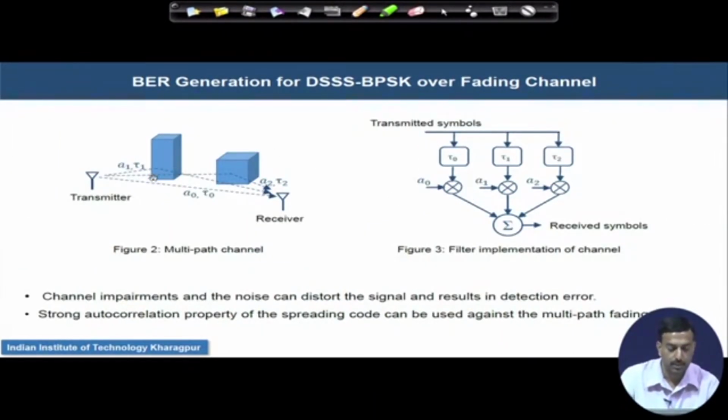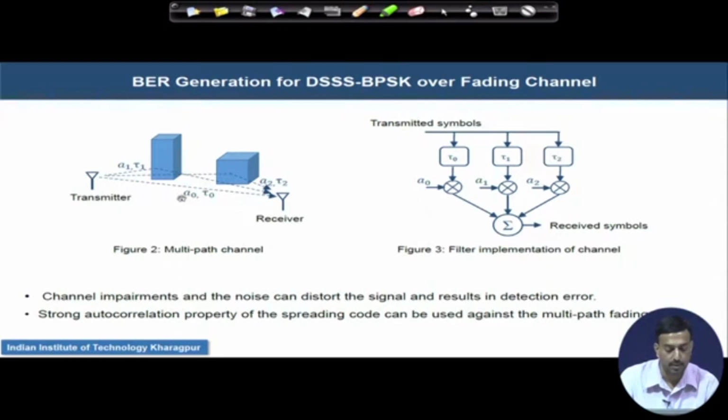So basically this diagram highlights the multipath fading effect that happens in typical wireless channels. We can see that multiple versions of the same signal are received through different paths.